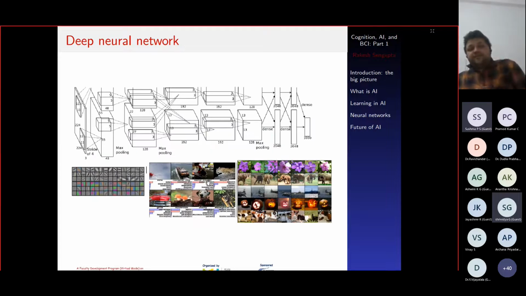Now, this is a more modern architecture. This is like a VGG-14. It's slightly outdated, but you'll see that it's an image classification network for computer vision. It starts off with a digitized image, which goes through these simple filters.